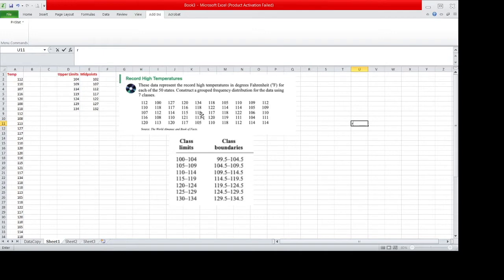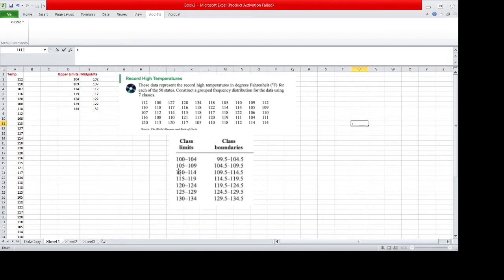After finding the range, divide the range by the number of classes, which is equal to 7, and round up the value of the range divided by the number of classes, which is the class width, so that you can construct the lower limit and upper limit for each class.